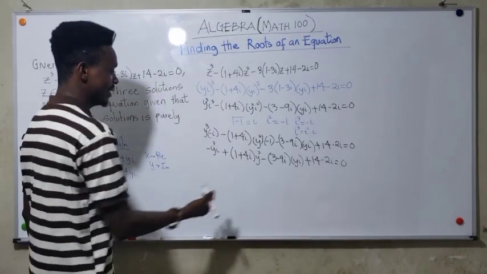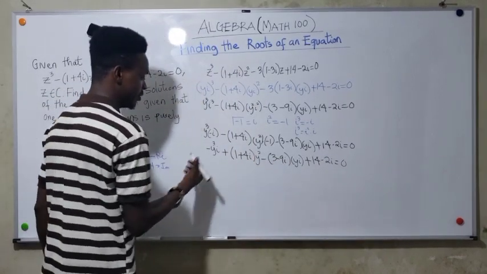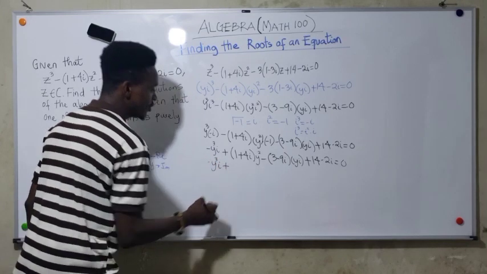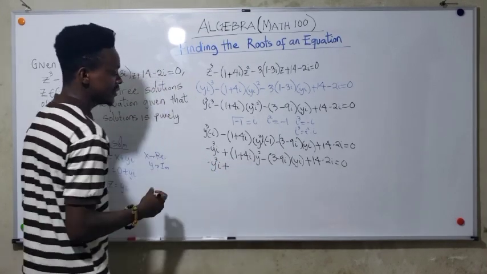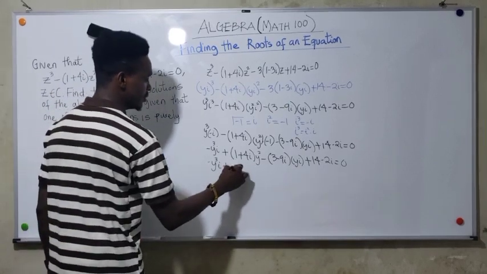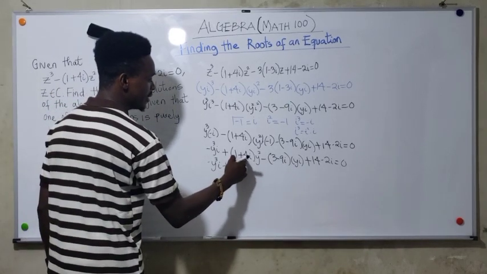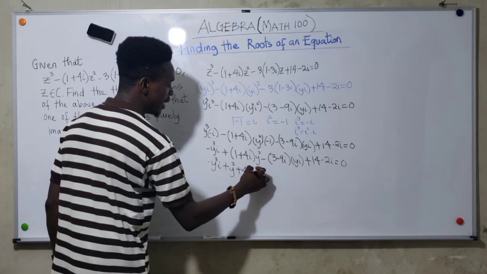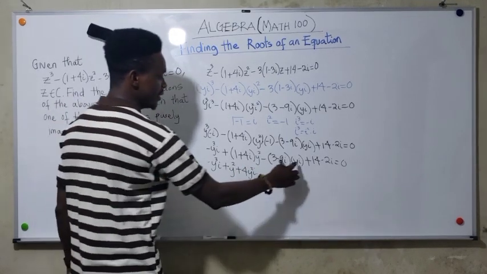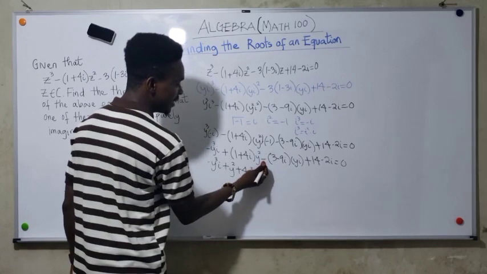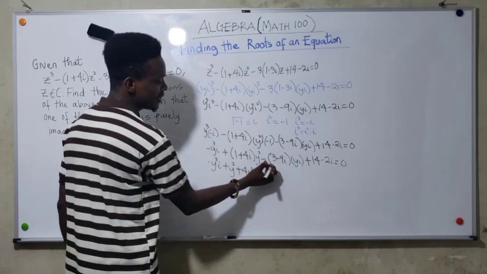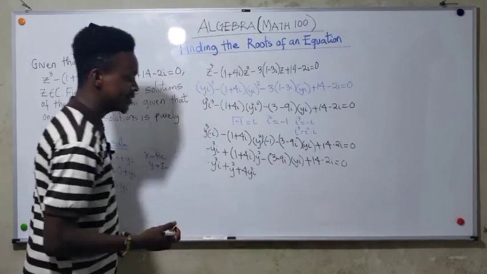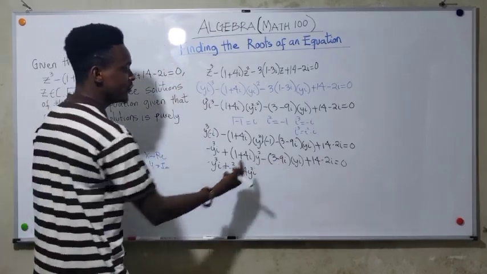We can multiply by the parentheses. So we have minus y cubed i plus y squared times 1 is y squared, and y squared times 4i is plus 4y squared i. Again, the negative multiplied by this: negative times 3 gives negative 3, and negative times minus 9 gives positive 9, multiplied by y.